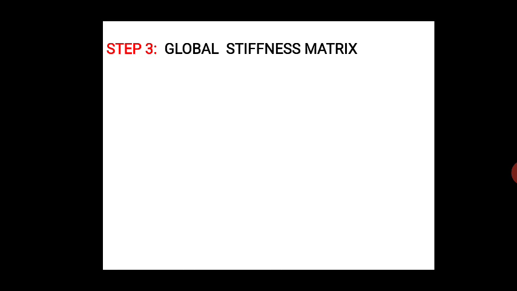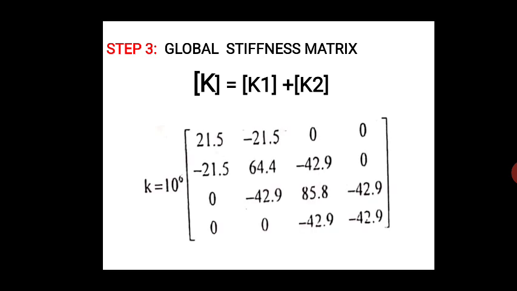The global stiffness matrix is a combination of the element stiffness matrices, so K is equal to K1 plus K2 plus K3. We first combine K1 plus K2, and along with this you add K3.